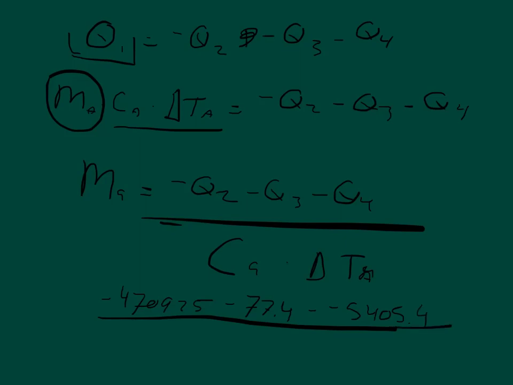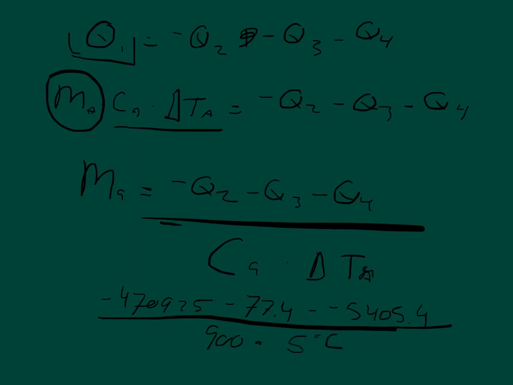And then we're going to divide that by the specific heat of the aluminum, so that's 900 times the change of temperature of aluminum, which we said was 5 degrees Celsius.